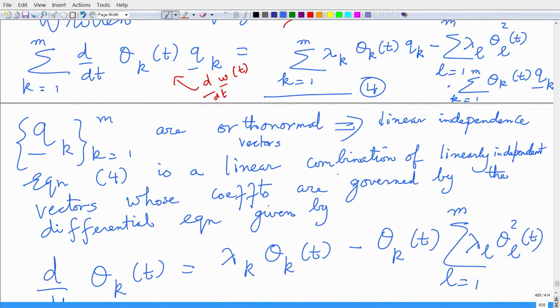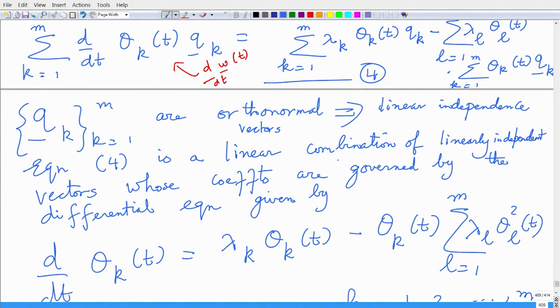You can say that the coefficients in a rearranged form have to be 0, and that boils down to this differential equation, right, which is non-linear.